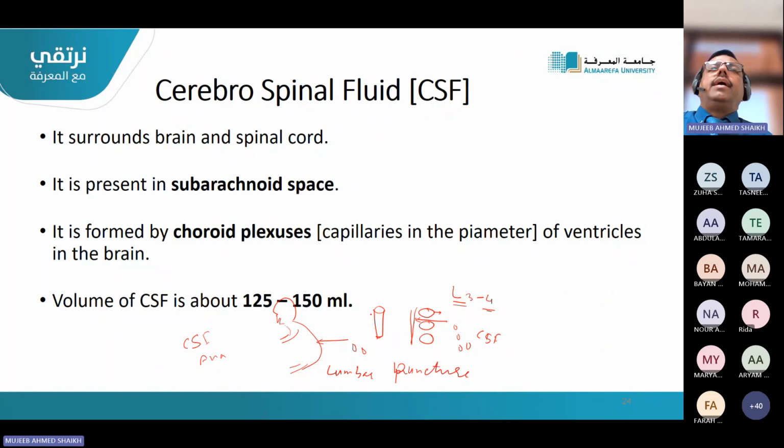It is the analysis of the fluid which is around the brain as well as around the spinal cord. This is a procedure called lumbar puncture. Please check on the internet what its use is.